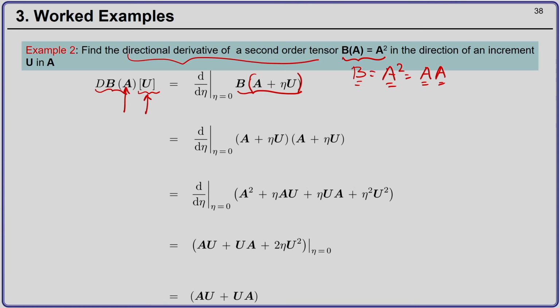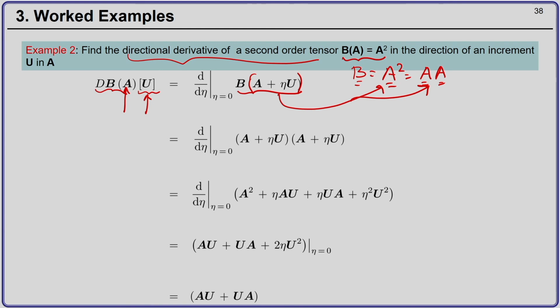So, the directional derivative is d by d eta of B as a function of A plus eta u evaluated at eta equal to 0. So, now what we do in our expression for B, we substitute instead of A, we write A plus eta u, and we do that in this second expression.